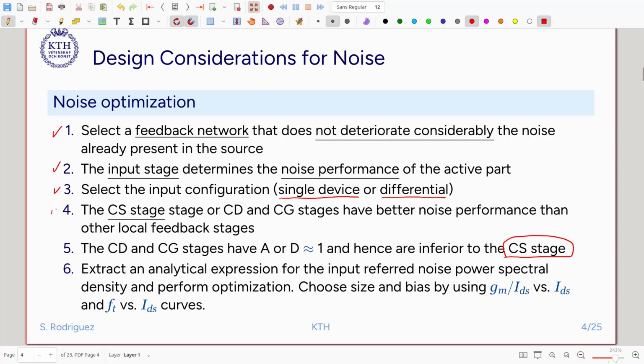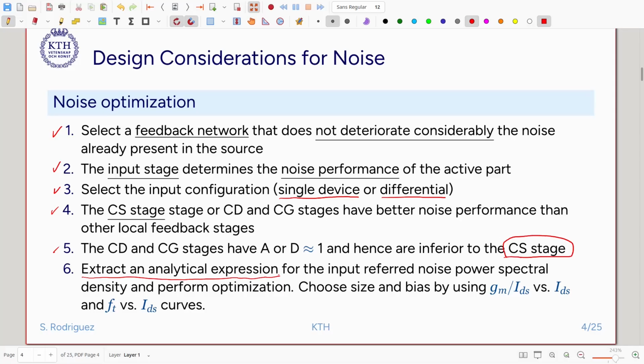Then when we have already selected the stage, we do the optimization. For that, first we extract an analytical expression, an equation for the input referred noise power spectral density. We can integrate it over the band of interest and do the optimization. That optimization is basically finding the right sizes and bias of the transistor so that it accomplishes the noise specifications.